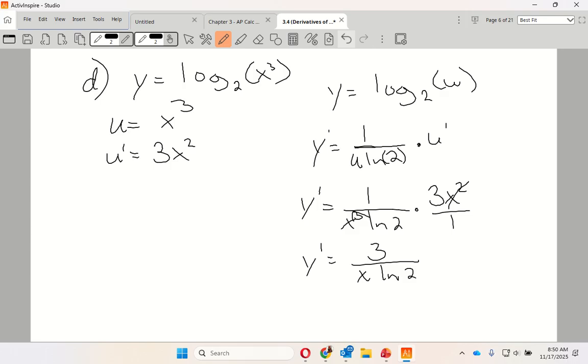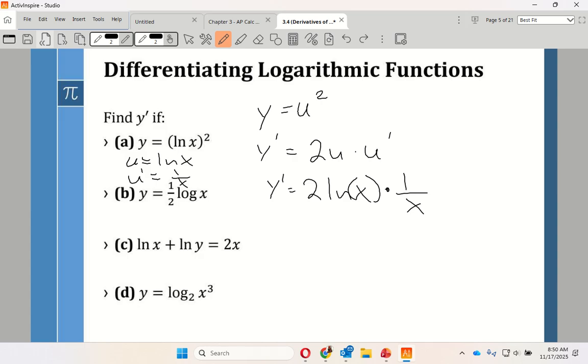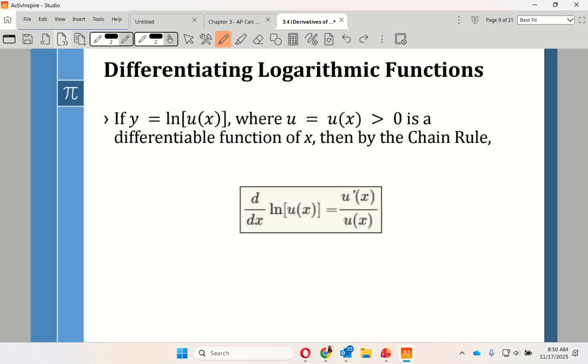Alright, that's those. So basically, same thing that we just did. This is the notation in Leibniz form for having to do a chain rule. So, chain rule in Leibniz form.